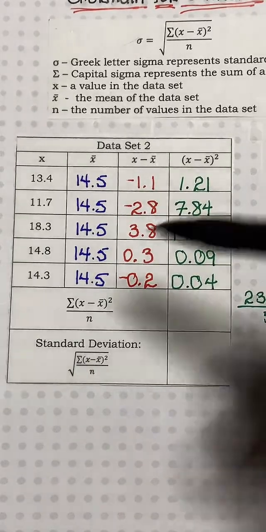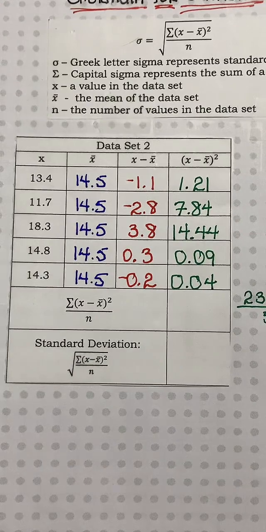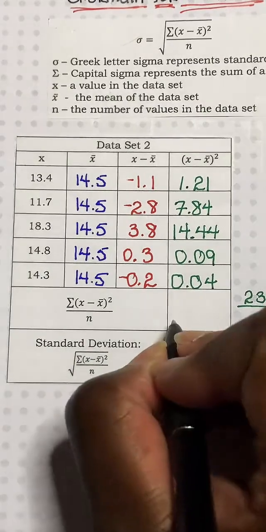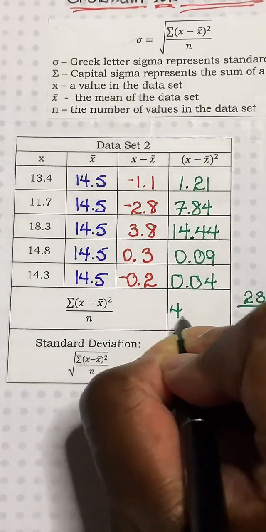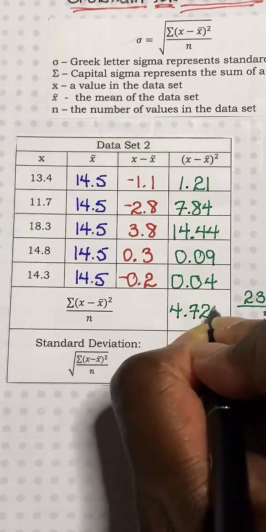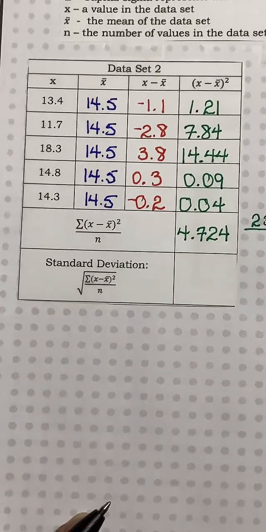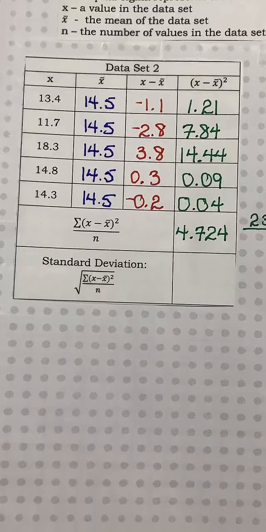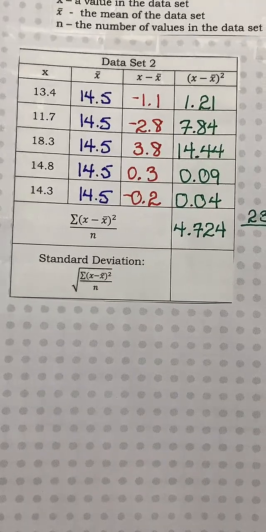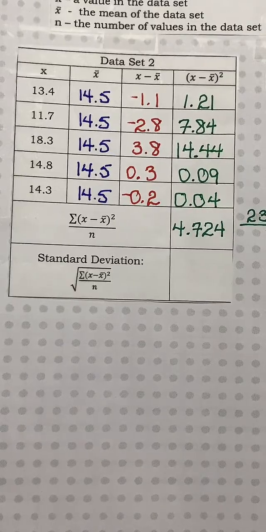The reason it's 5 is because there are 1, 2, 3, 4, 5 terms. Once I divide that by 5, I get 4.724. Now we're almost there. We've got just this one last spot.